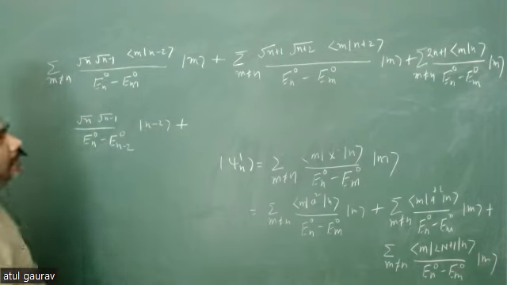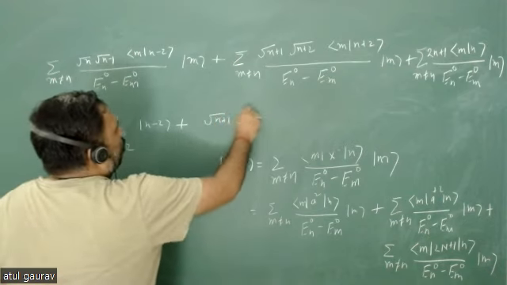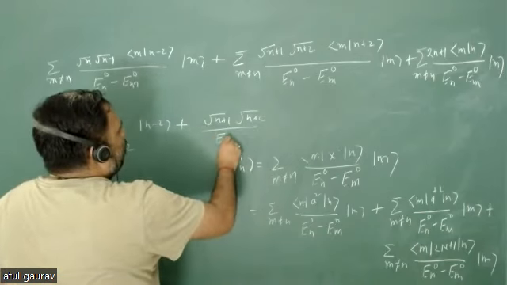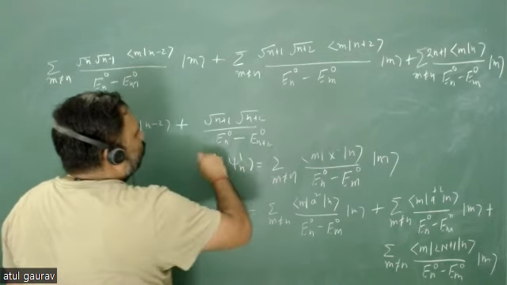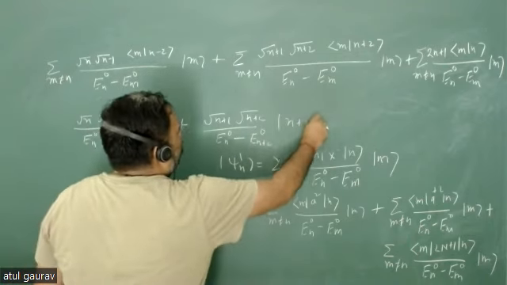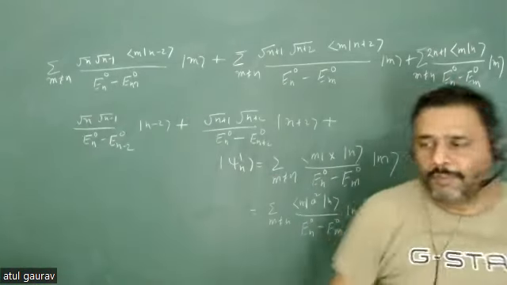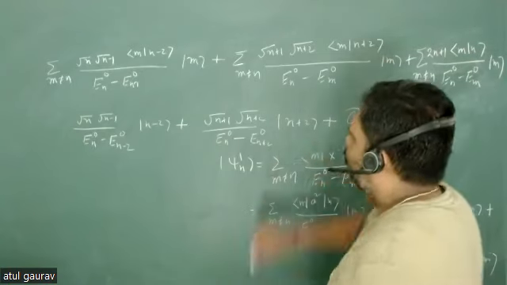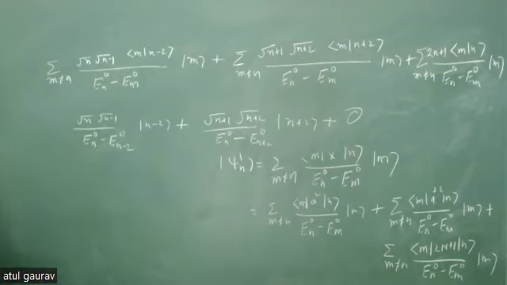Great. For the second term, which term is going to survive? n plus 2. You have root n plus 1, root n plus 2, and here E_n^(0) minus E_(n+2)^(0), and |n plus 2>. What about this term? It is 0, because m is not equal to n and this is Dirac delta mn, so this value is 0. And now what is this value? 2 h cut omega. Great.